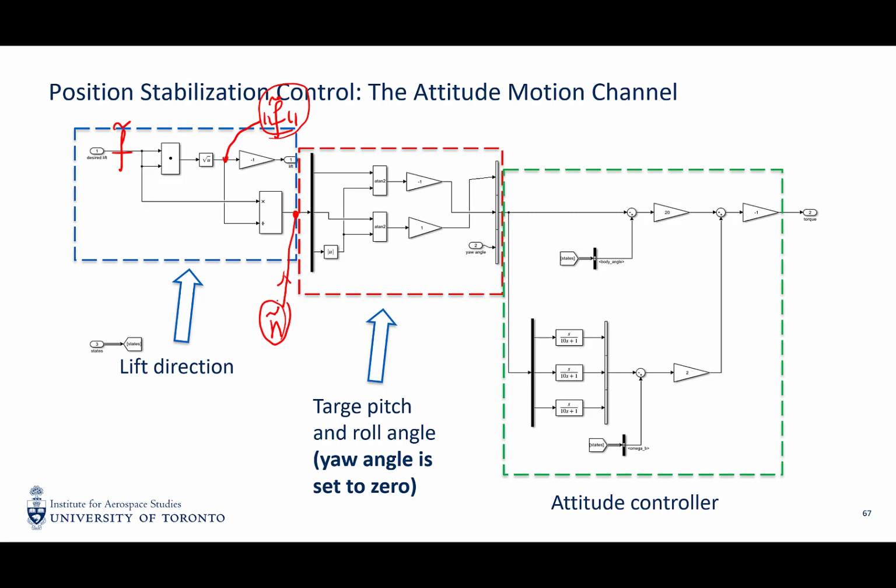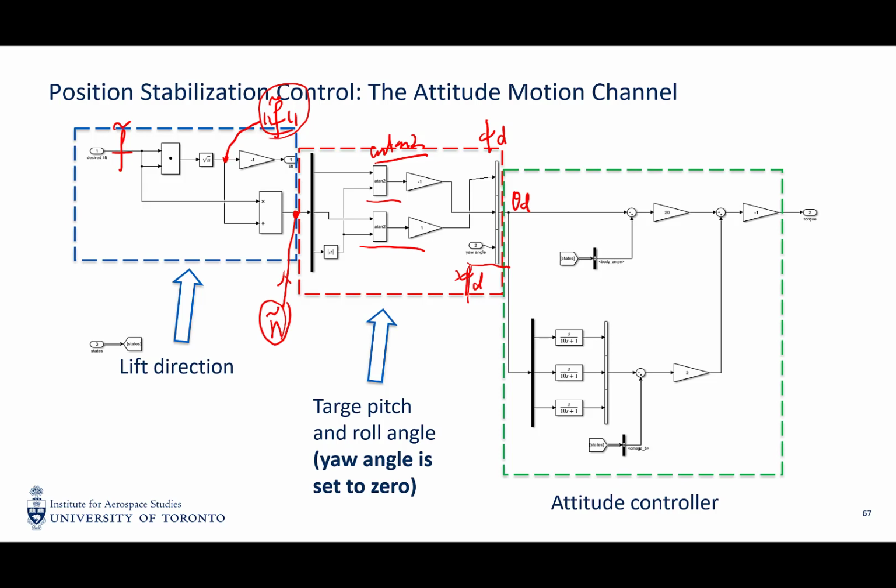If we have n tilde, these two arctangent functions will give us the phi d and the theta d, which are the command attitude, command roll and command pitch. And here for the yaw angle, we can set the yaw angle as a constant. So this is psi d, set by ourselves.